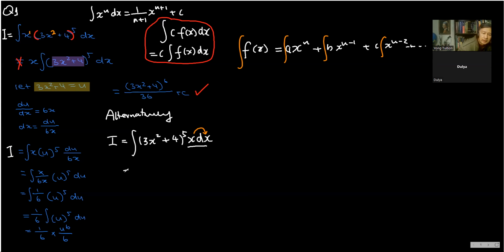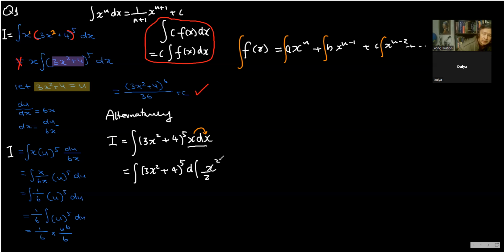So we copy that 3x squared plus 4 to the power 5, right? Then inside, I can write this as x squared plus a constant. We start from this x, one divided by 2.